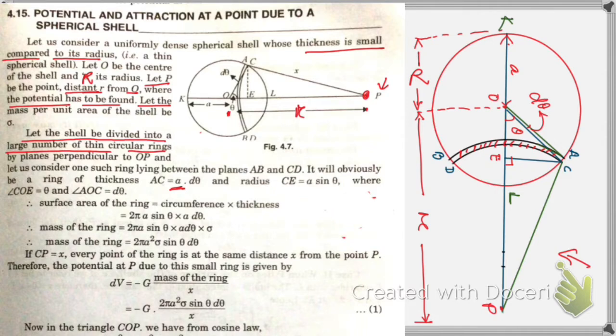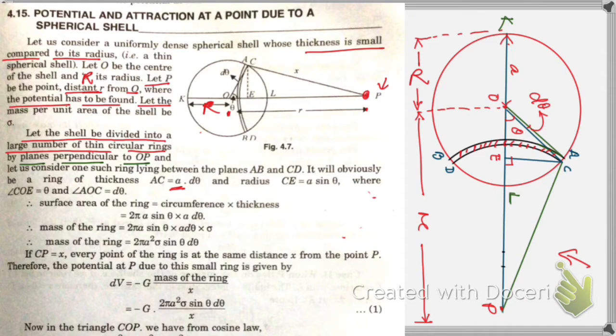So now you see, these rings are taken in such a way that they are planes perpendicular to OP. So we have taken the rings perpendicular to OP, right? So we have assumed it that way.